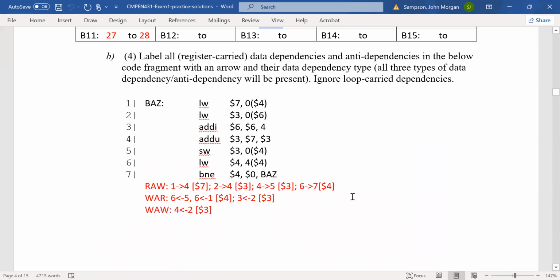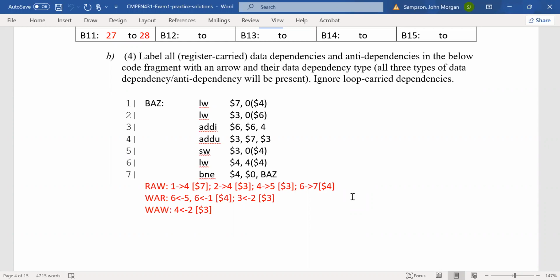Okay. So, how do you do each of these? Well, each of these is a linear pass. So if I want to do read after write, how do I want to do that? I'm going to find the first instruction. I'm going instruction by instruction, and I'm going to look for what it defines. Right? This defines register 7.